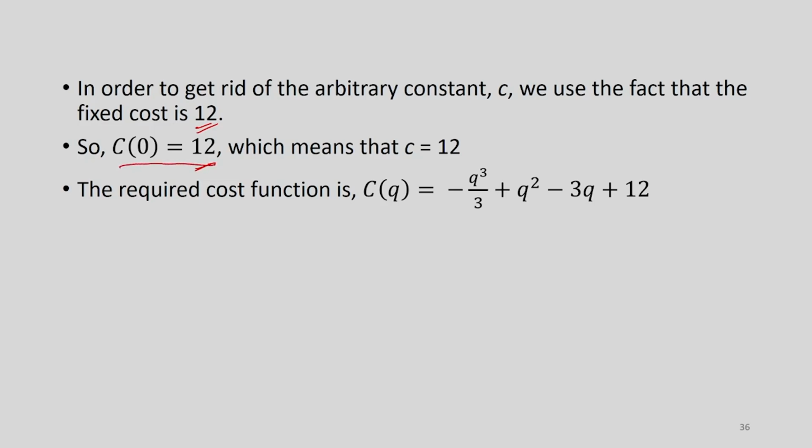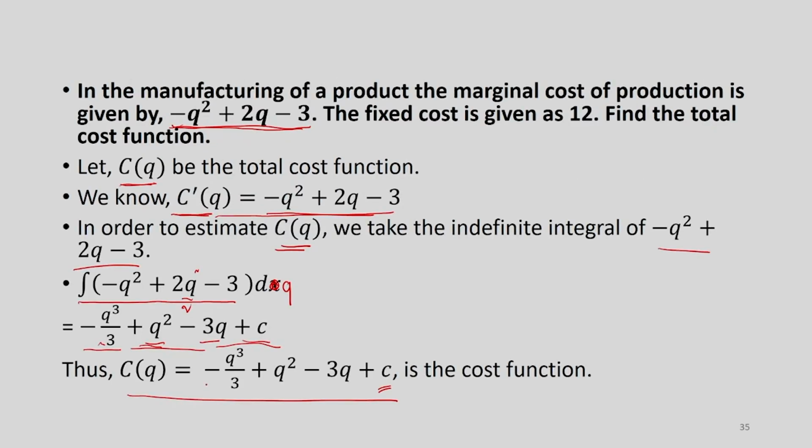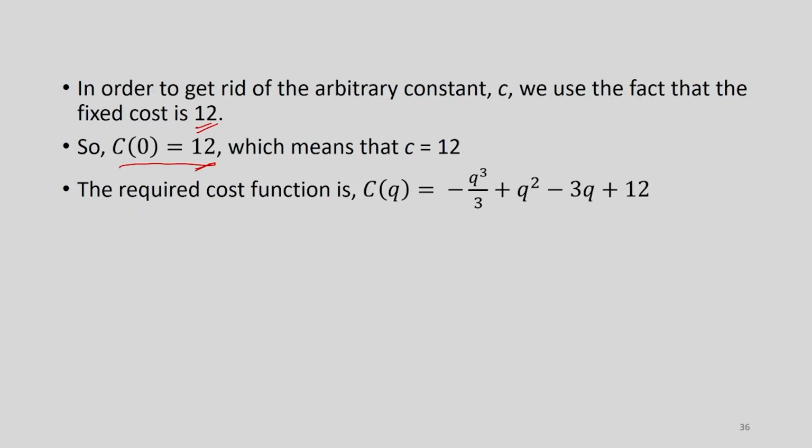That is what I have written here in mathematics. C of 0 is equal to 12, and if you put q is equal to 0 in this function, this part will become 0, and so C of 0 is equal to c, which is 12, and therefore c is equal to 12.